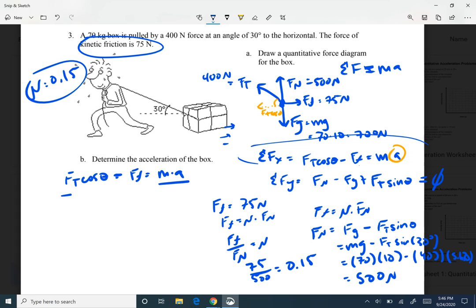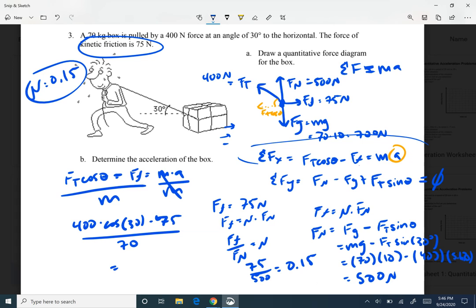We want to get A by itself. Let's divide m to the other side. Now we can plug in our values. 400 times cosine of 30 minus 75, divided by our mass, which is 70 kilograms. Let's plug this in. Use parentheses, be careful.